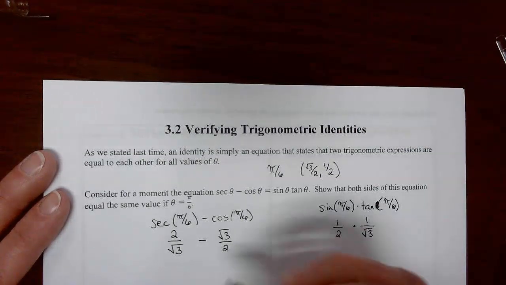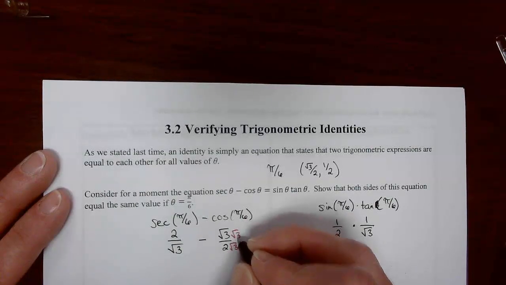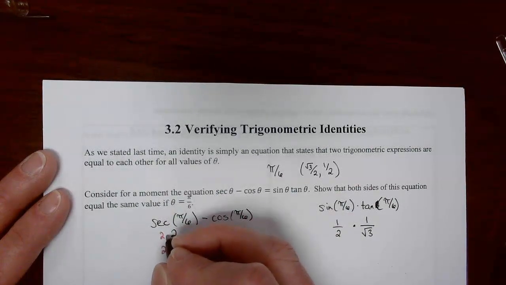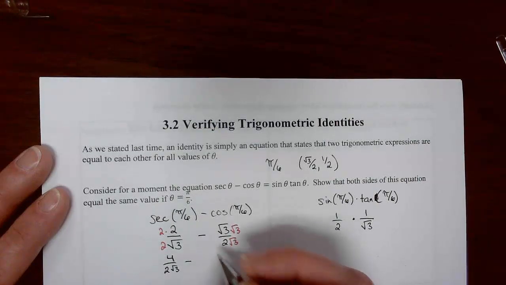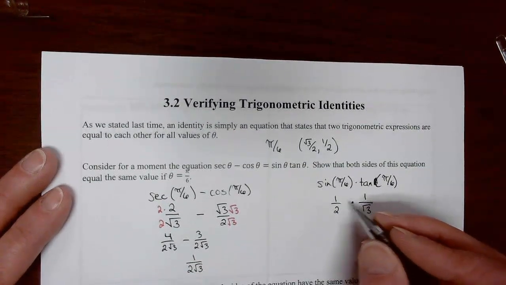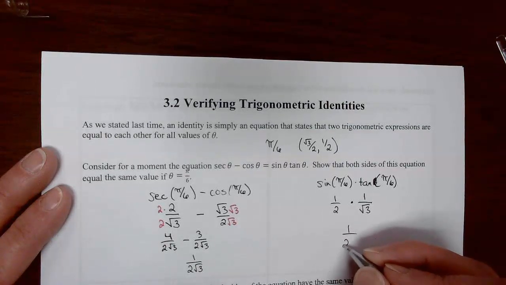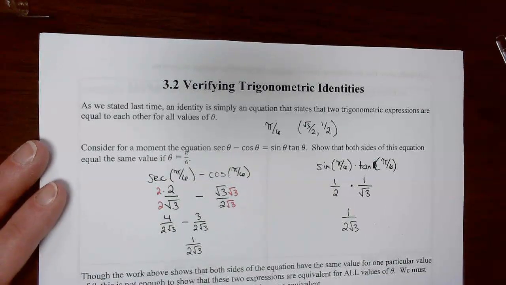I can get the same denominator: multiply by square root of 3, multiply this one by 2, and I get 4 over 2 square root of 3 minus square root of 9, which is 3, over 2 square root of 3, get 1 over 2 square root of 3. And over here, when I multiply them together, I get 1 on top and 2 square root of 3 on the bottom. Well, that shows that it's equal.